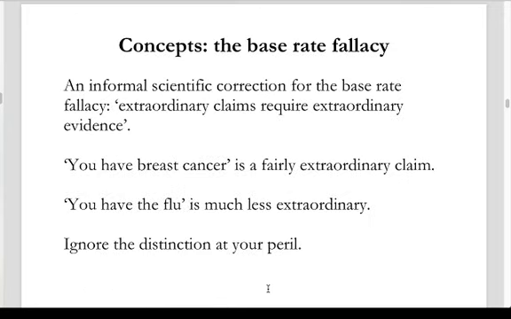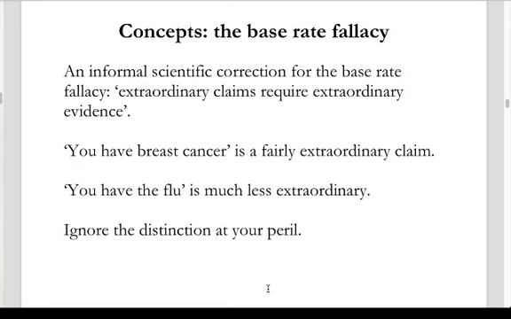So here's an informal way that scientists have of talking about correcting for this base rate fallacy. We all have the base rate fallacy inside of us. It seems to be part of human explicit reasoning and problem solving, at least. We're not sure about implicit stuff, but for sure, in making explicit judgments and decisions and reasoning, we all have a tendency to make this base rate fallacy and not take prior information into account.